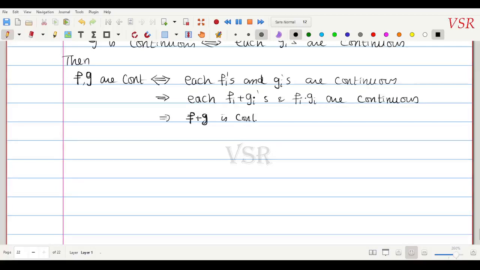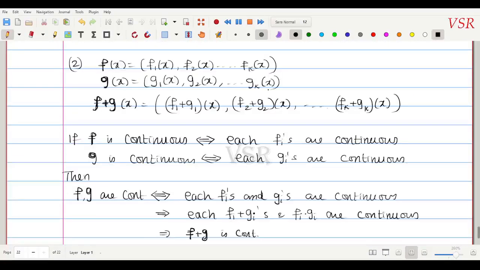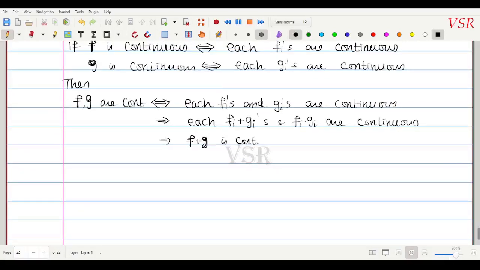Why continuous? Because the coordinate functions of f plus g are all continuous, that implies f plus g is continuous, and f into g is continuous. This is the dot product.